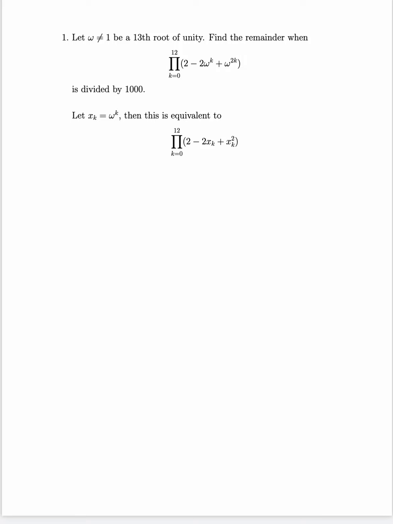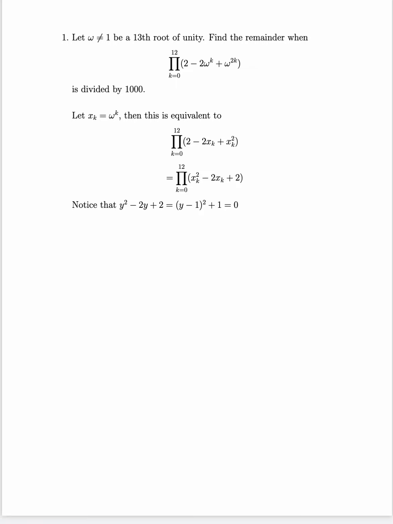And if that's equal to 0, now we can think about using the property that a squared minus b squared is equal to a plus b times a minus b.